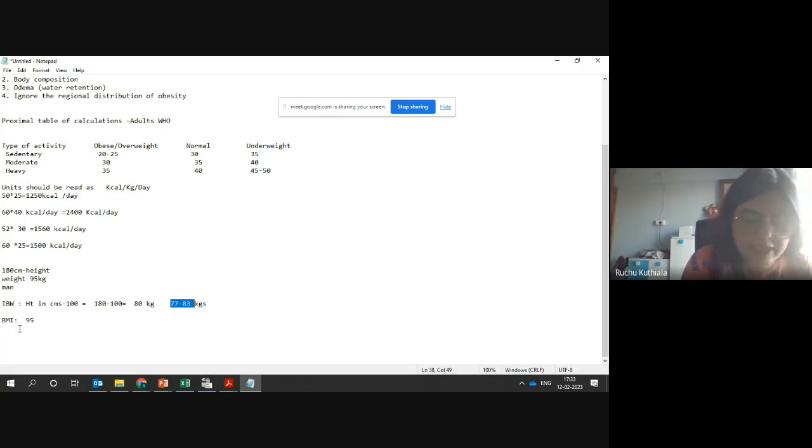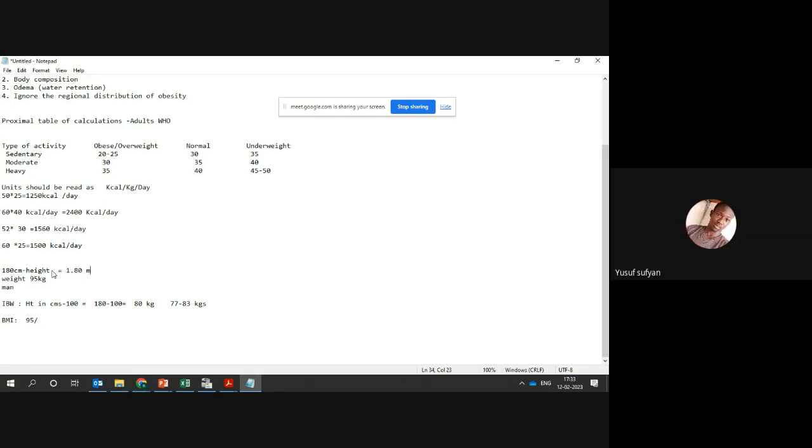But unfortunately, this man is 95. So I am going to put in the present weight 95 and I would divide it with the height in meter. In centimeter the height is 180, so in meter it would become 180 divided by 100, 1.80.